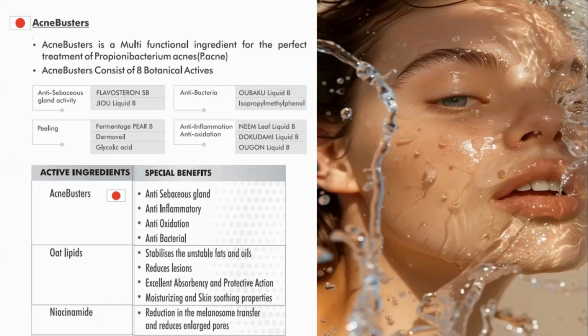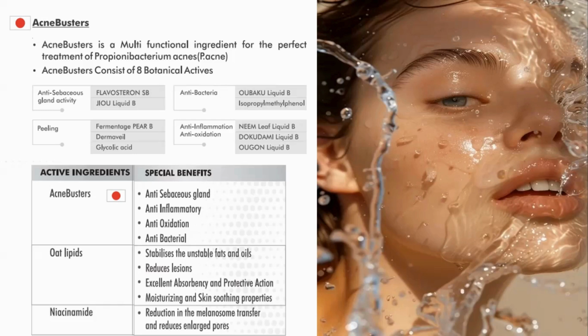To fight against that, we have got Aubacu Liquid B and isopropyl methylphenol from Acne Buster. Then for the anti-inflammation and antioxidation, we have got neem leaf liquid B, dokudami liquid B, and argon liquid B. So all these 8 botanical actives belong to Acne Buster, which is a multifunctional ingredient present in our TUBELiTE Akneklenz for the perfect treatment of such P. acnes.